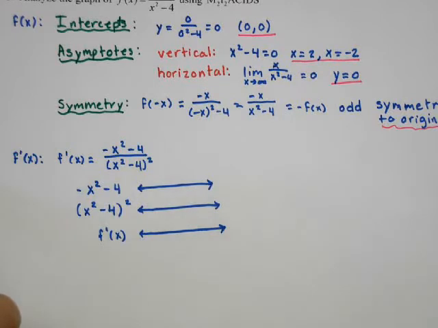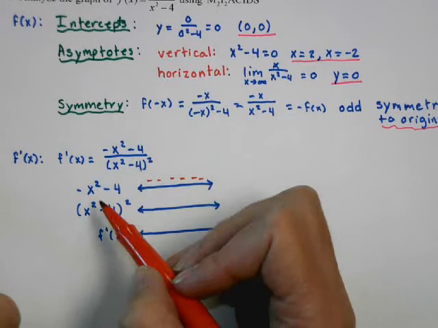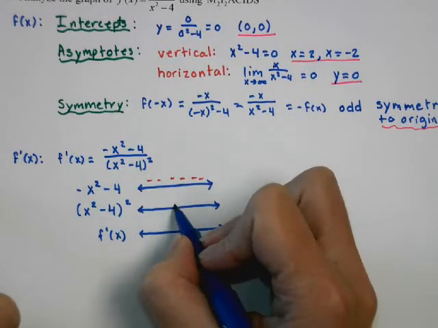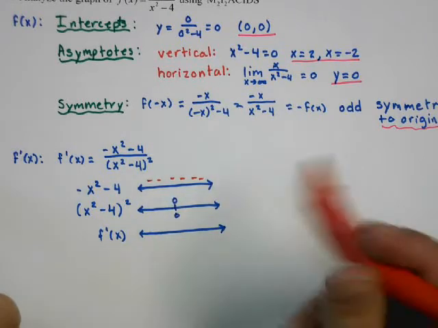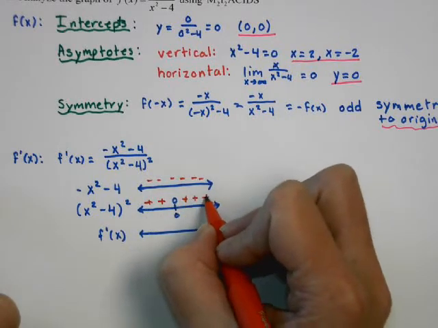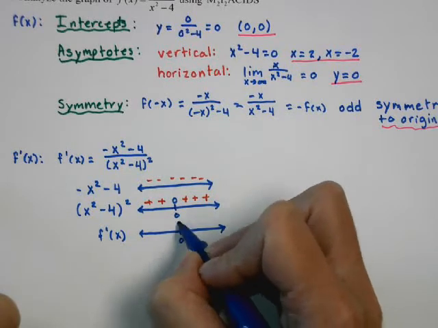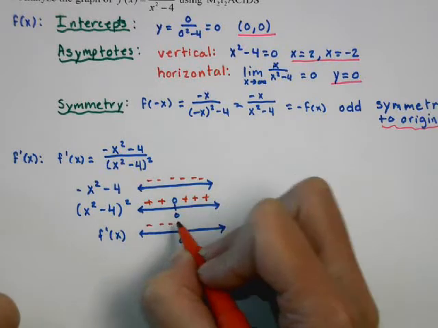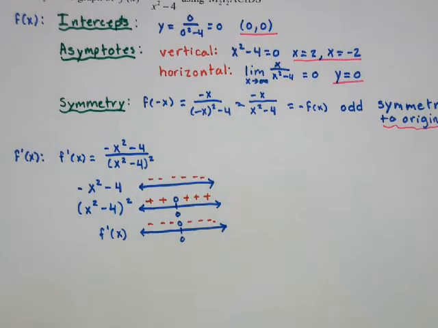This one, x squared plus 4, or x squared minus 4, is going to be 0 at 0, but for every other value, since we're squaring it, it's going to be positive, which means this derivative is 0 at 0, but for all other values, this graph is going to be going down. So this graph is always decreasing, except for at 0.